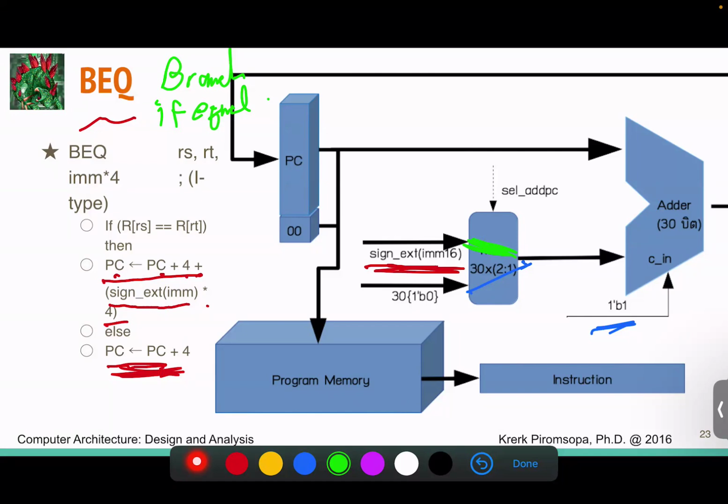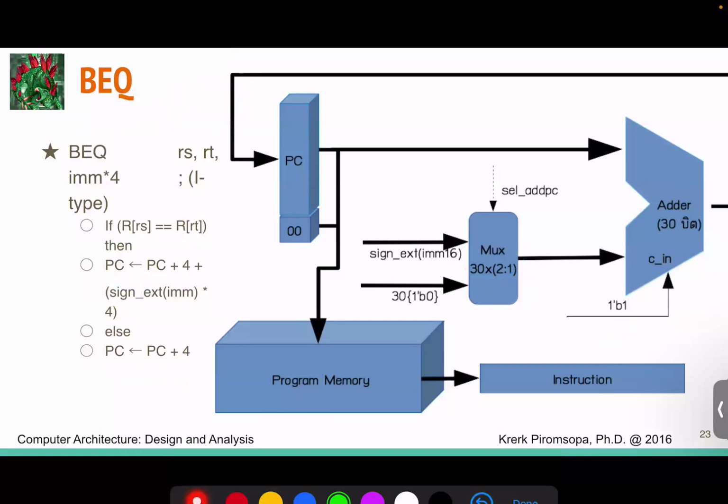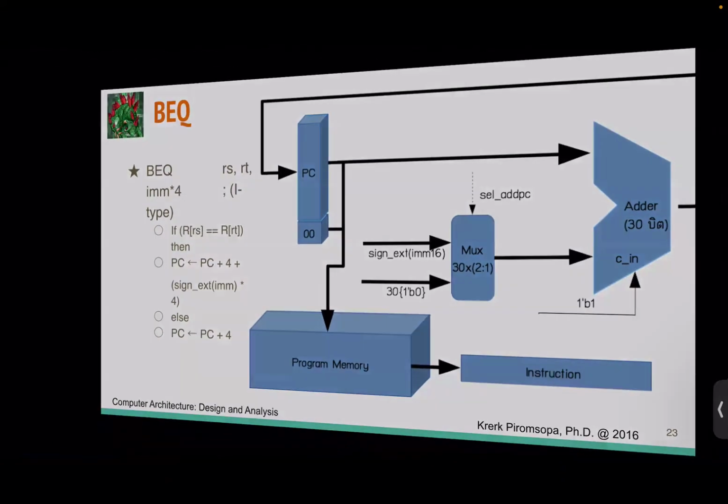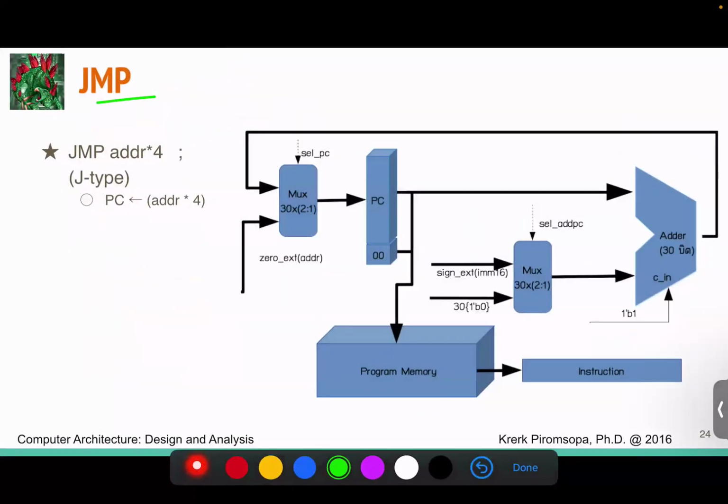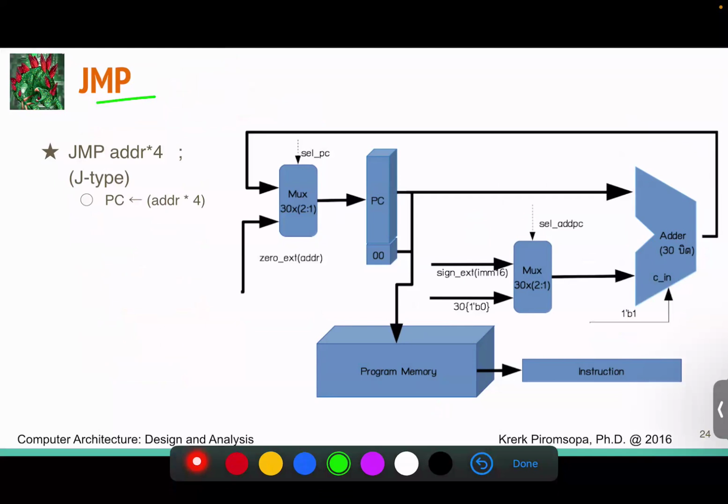Okay, and you have to do the comparison. Is RS equal to RT or not, which we can do later. And the last one in the series, jump. Jump means you just put the address into the PC directly. So we add multiplexers here and put it directly to PC.